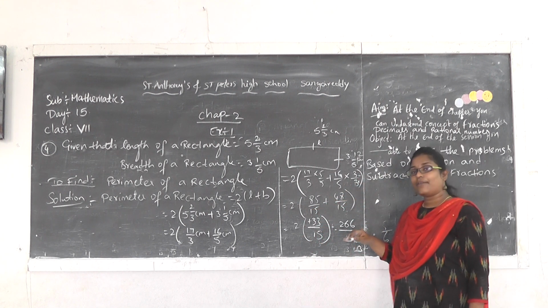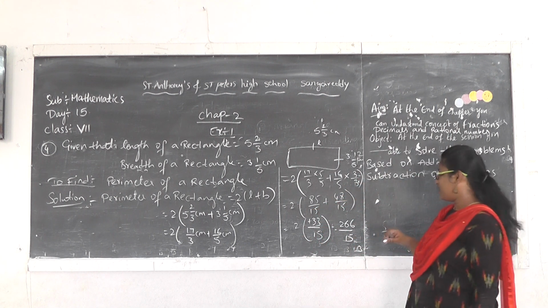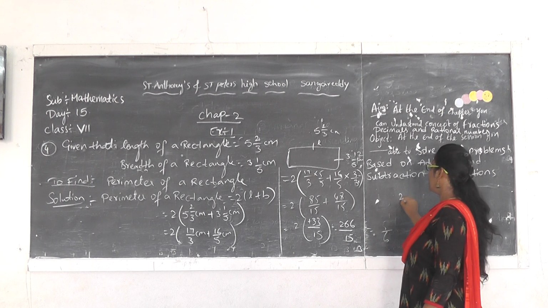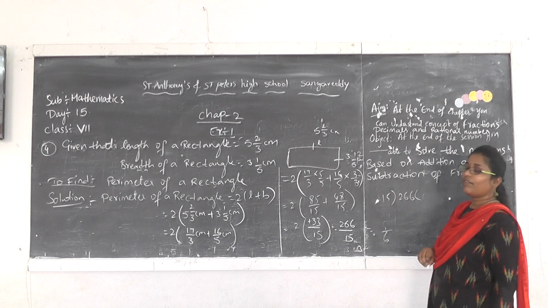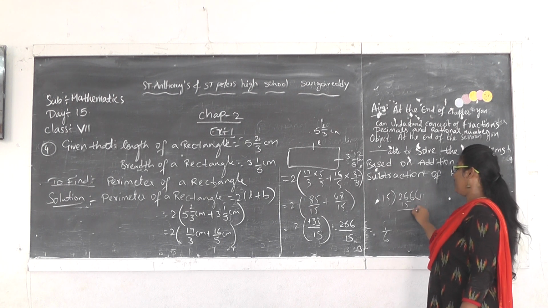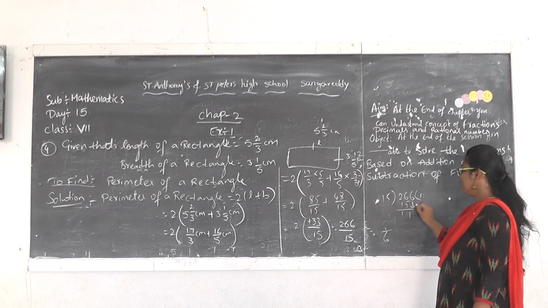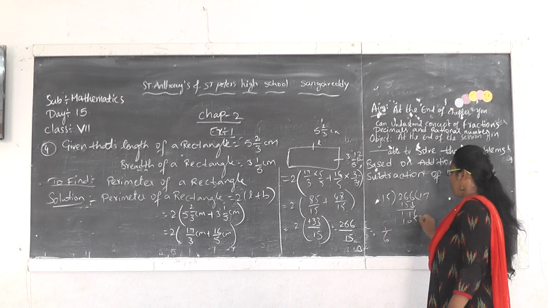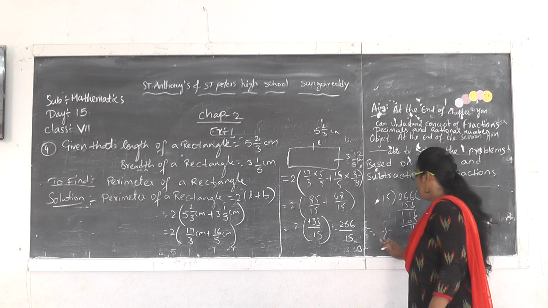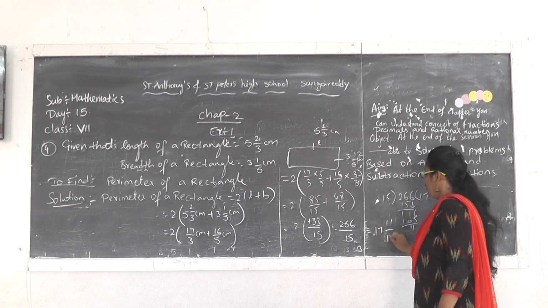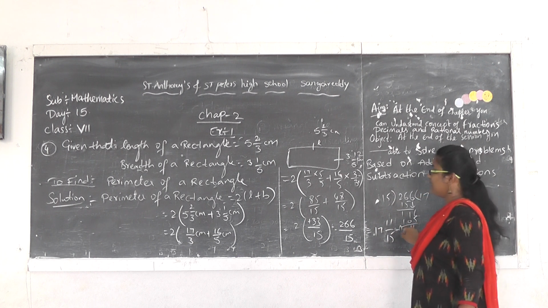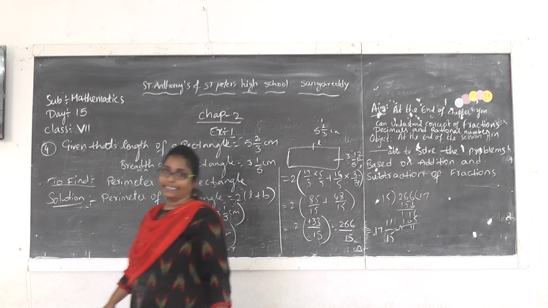So what we have to do? We have to convert into a mixed fraction. When we convert into a mixed fraction, we have to do division. 266 divided by 15. 15 ones are 15, remainder 11, 15 sevens are 105, remainder 11. So we can write this as 17 11/15 centimeters, which is the perimeter of the rectangle.